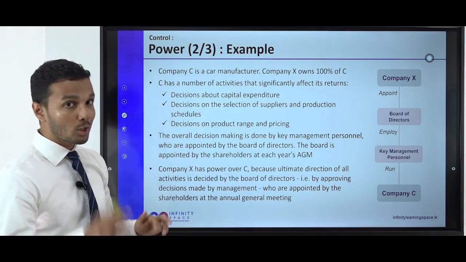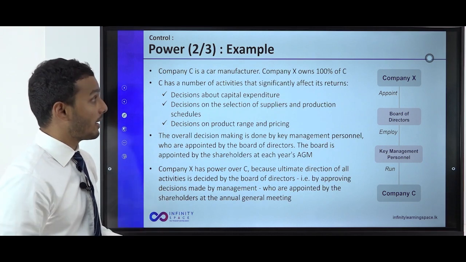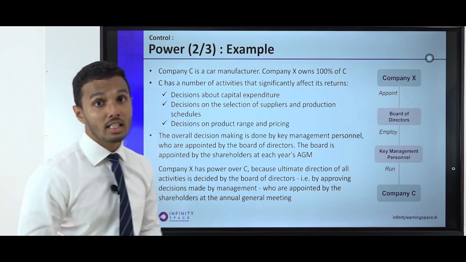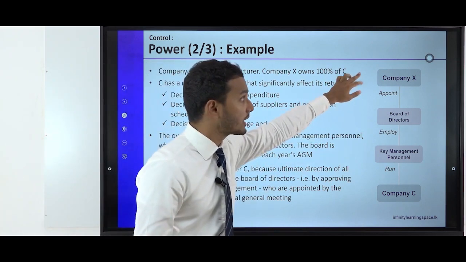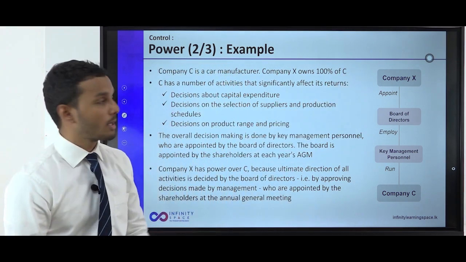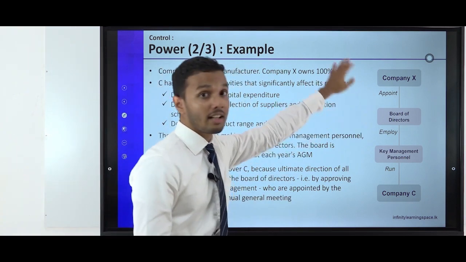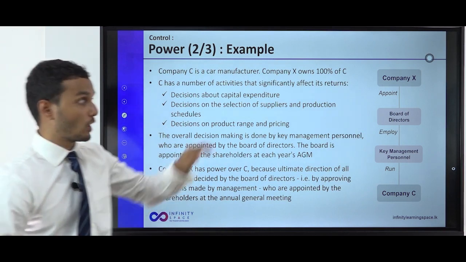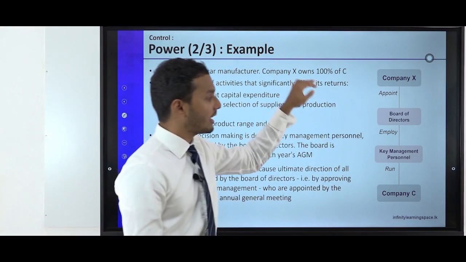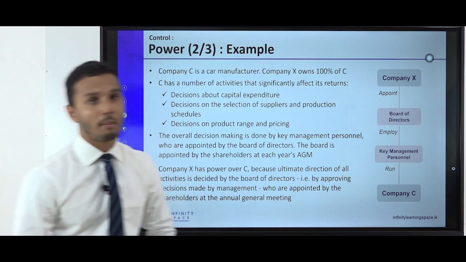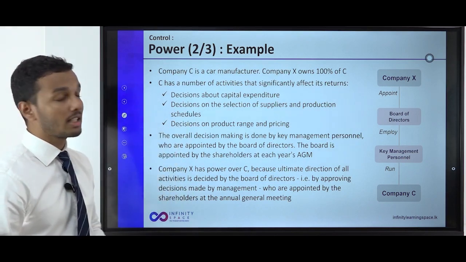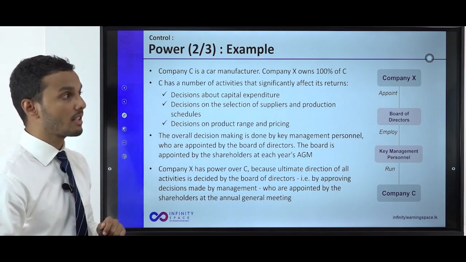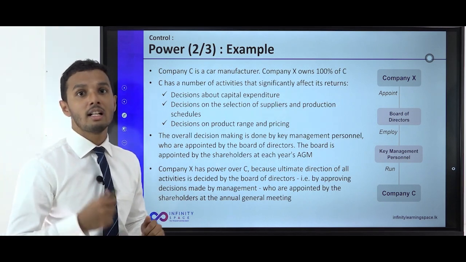That means actually the ultimate power, the ultimate ability to direct the relevant activities, is with the shareholders or company X. So company X indirectly directs the relevant activities of company C. Not directly, but indirectly. They might not make decisions on a day-to-day basis, but when it comes to all the important decisions, they are the ones who have the final say.